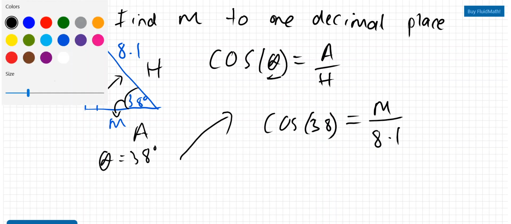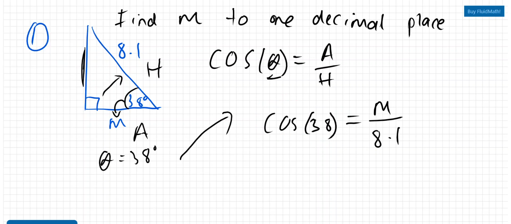You put it into your calculator and you'll get roughly 0.7880. But don't round it off here. We're going to leave it till last, so our answer is more accurate, because if I rounded my decimal off here, then my answer won't be as accurate. So just remember, it's just a number.